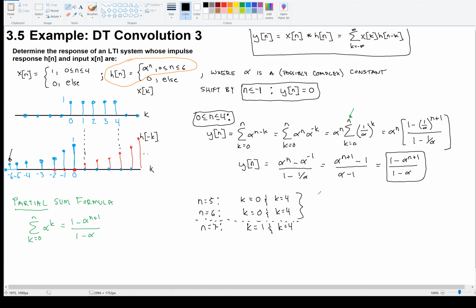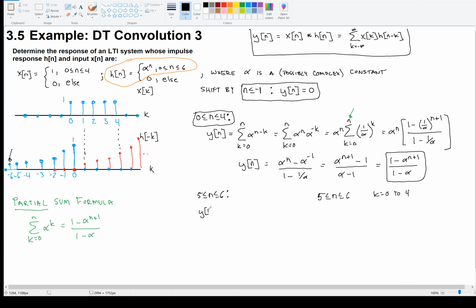Okay, so this is for n equals 5 and 6. And the range of non-zero overlap is k equals 0 to 4. I'm writing that down again because I'm going to erase this. And so again, I'll write it here, 5 to 6.